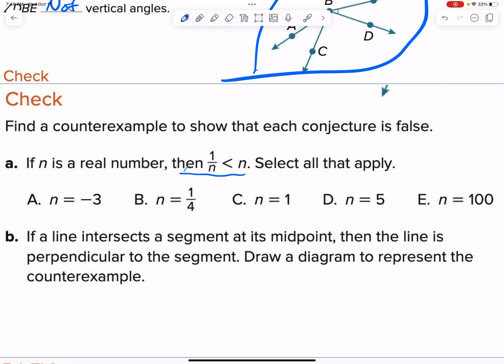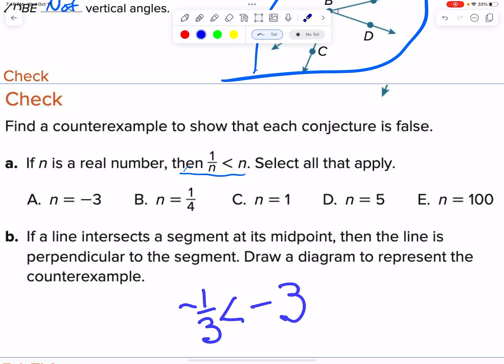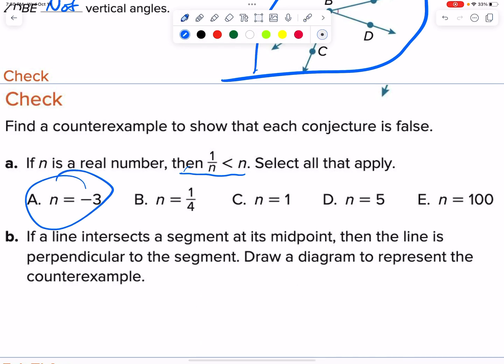Now that you've had an opportunity, hopefully you've paused it and tried it. If I plug in -3, for instance, at the bottom, I have 1/3 and it's negative. Let's make that a better color to see. I have -1/3 is less than -3. Well, hopefully we all know on a number line that that's not the case. So A would work as a counterexample.